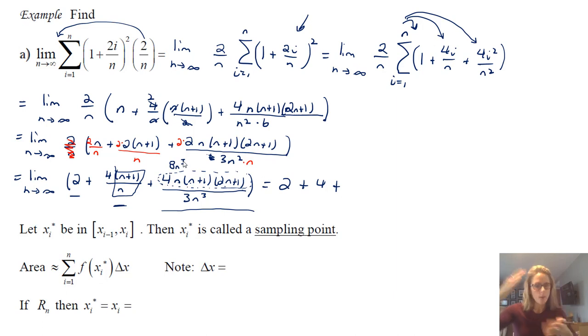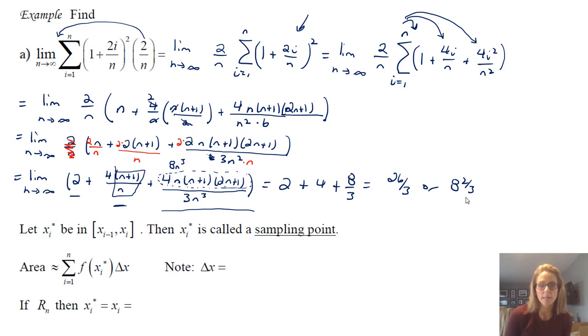And so again, when you think about that limit as n goes to infinity, they have the same degree. So this is going to be 8/3, and that's that limit. And then you can add them all together and get 26/3, or 8 2/3.